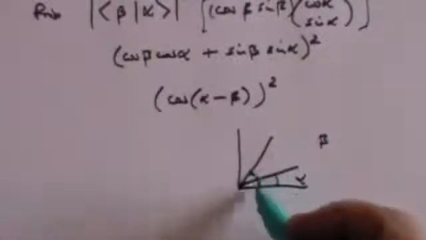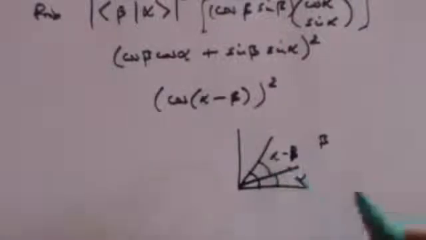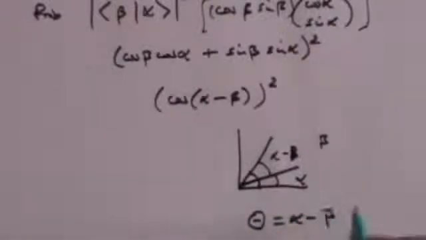Essentially, if you think about it, this is the angle alpha, this is the angle beta, that's that complete angle there. So the angle alpha minus beta is just the angle between the two. It may have a minus sign, but let's forget that for a moment. We can say that the angle between the two, alpha minus beta, is theta. And so what we've now got is that the probability of the photon prepared in the alpha state going through the beta state is equal to cos squared theta, where theta is the difference between the two angles.